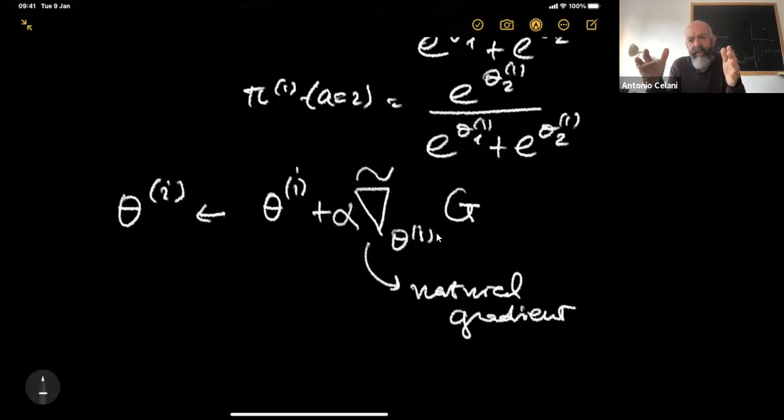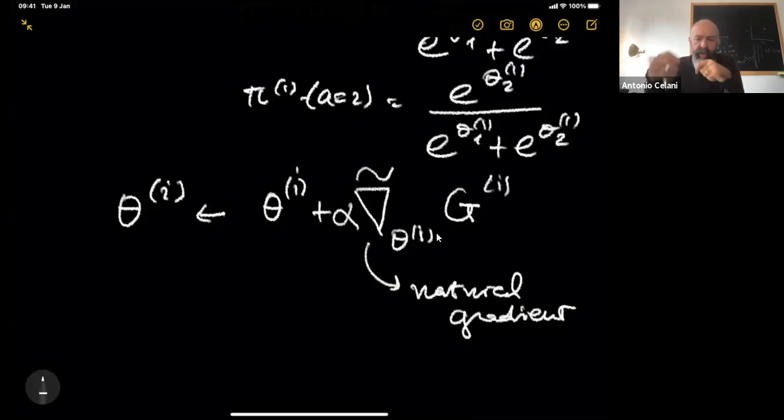Natural gradient is an operation that you do in the space of probability distributions, because these are parameters of probability distributions, which are the policies. You compromise between going up the gradient, because you want to maximize your gain, and penalizing steps that are too far in terms of a distance, which is the Kullback-Leibler divergence between before and after.